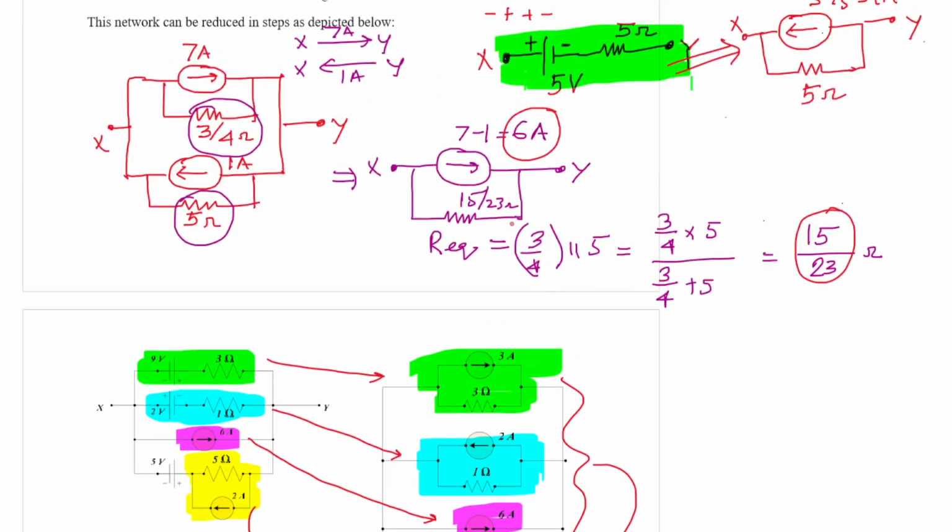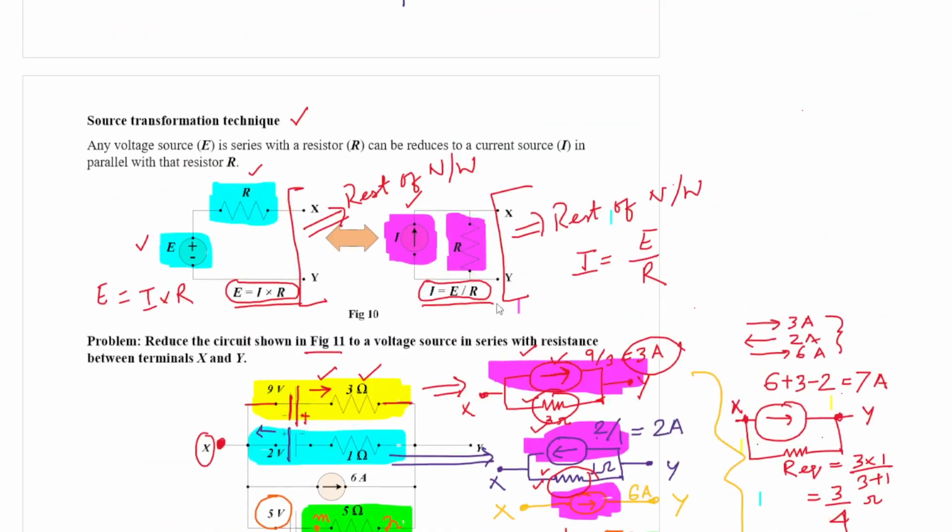So we have seen that first we had a very big, complex network, where we had several voltage sources and current sources connected in different fashion.